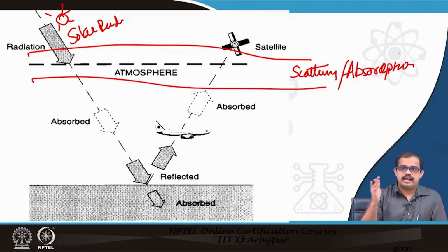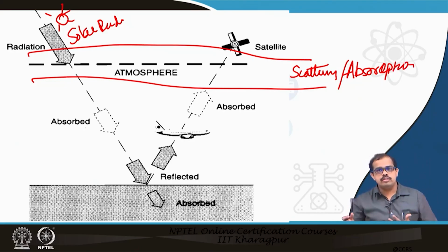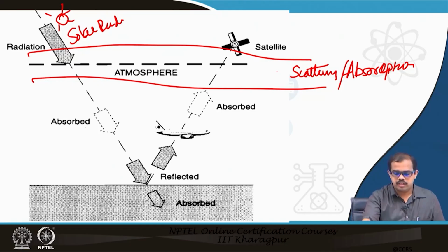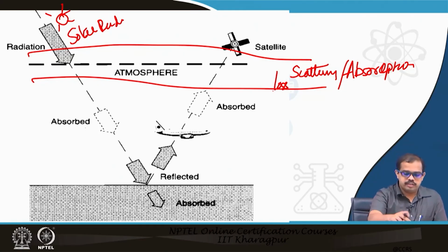Due to either scattering or absorption, or both, there will be a certain loss of energy. With this loss, a certain amount of energy reaches the Earth's surface. Let us say there is a certain amount X loss.